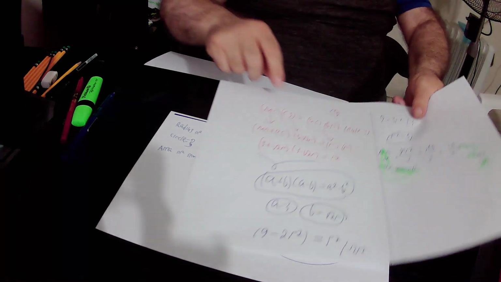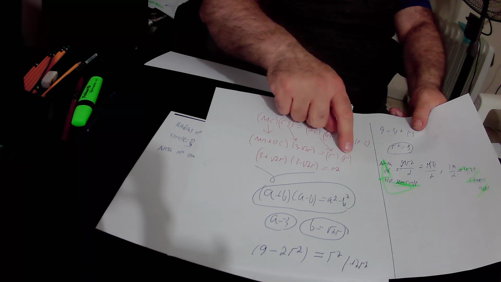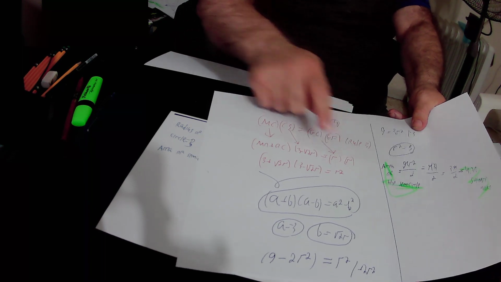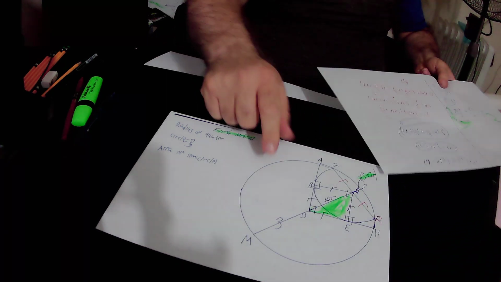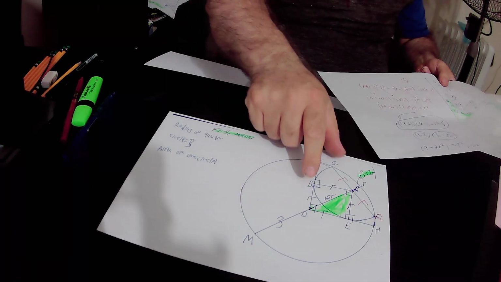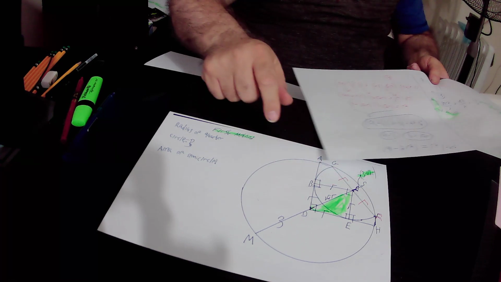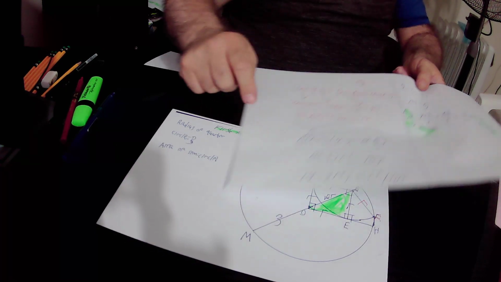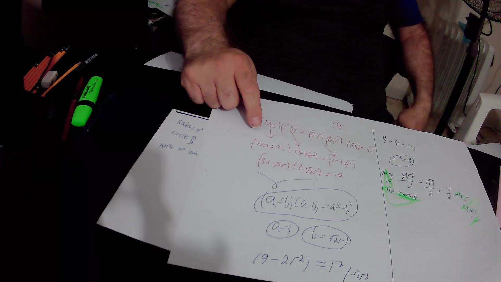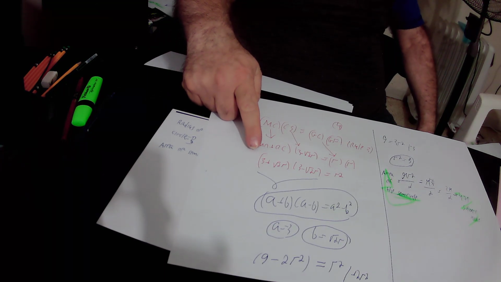So here, CG equals R and CF is also equal to R, and R times R is R squared. In conclusion, we know that MO equals 3 units.